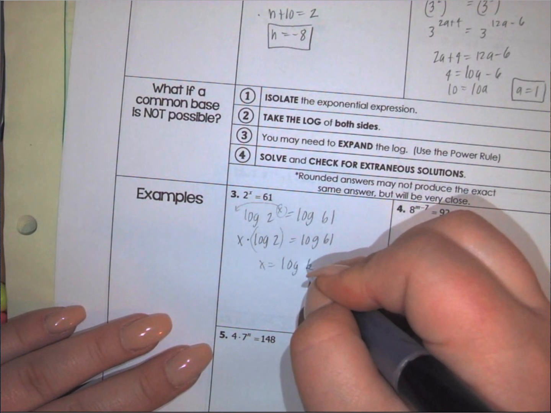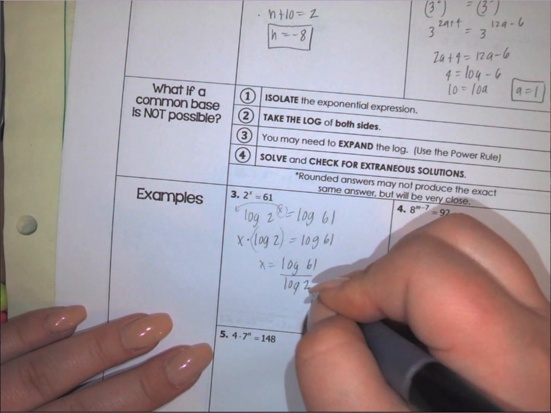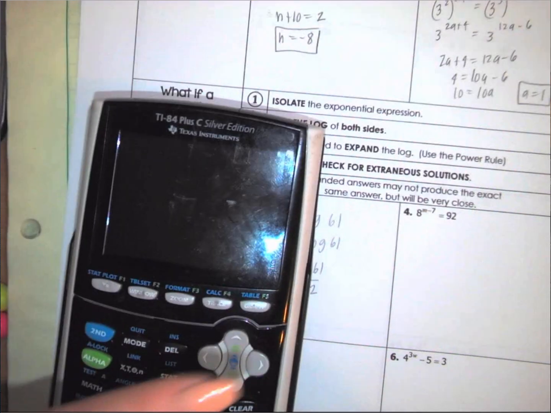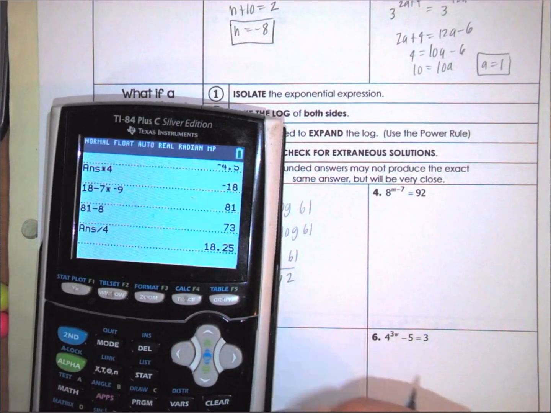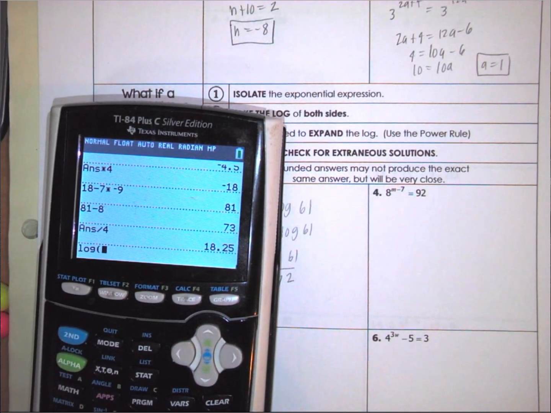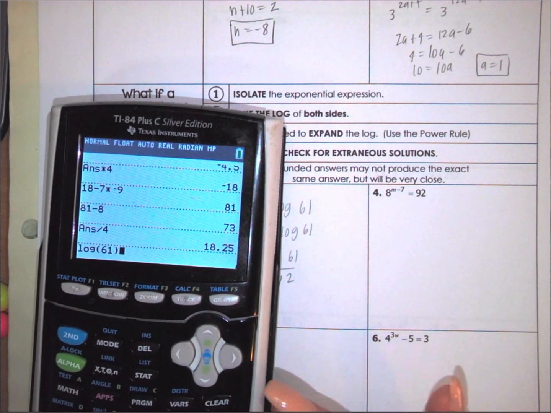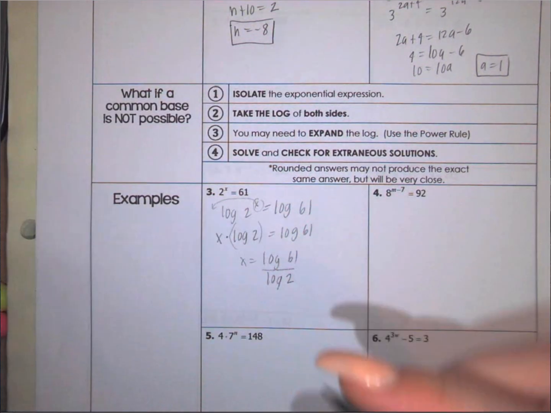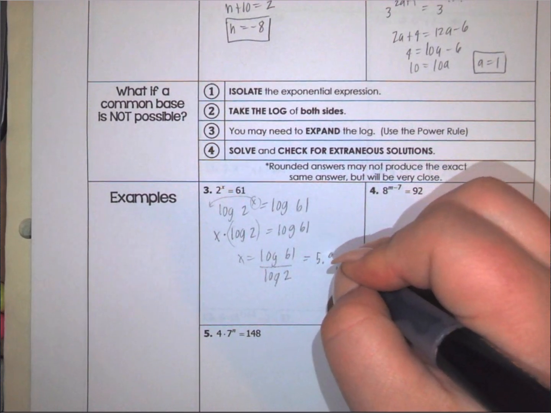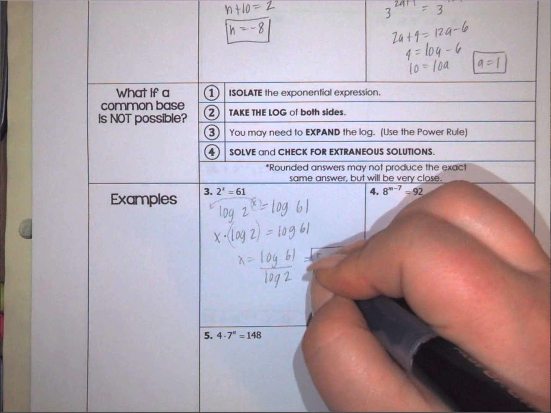So it's log of 61 over log of 2. And then you just do that part in your calculator and you get some gross decimal. So log of 61 divided by log of 2, and you get 5.930. That's your answer.